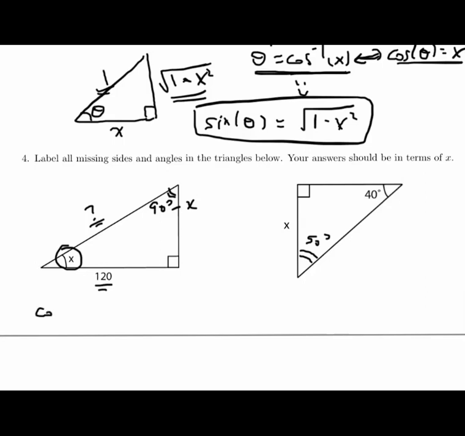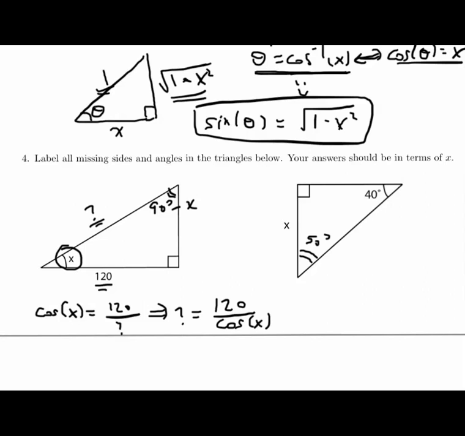So the relationship that I know is true is that the cosine of x is 120 divided by the hypotenuse, whatever that is. So if I algebraically solve that for the hypotenuse, I'll get that the hypotenuse has to be 120 divided by cosine of x.